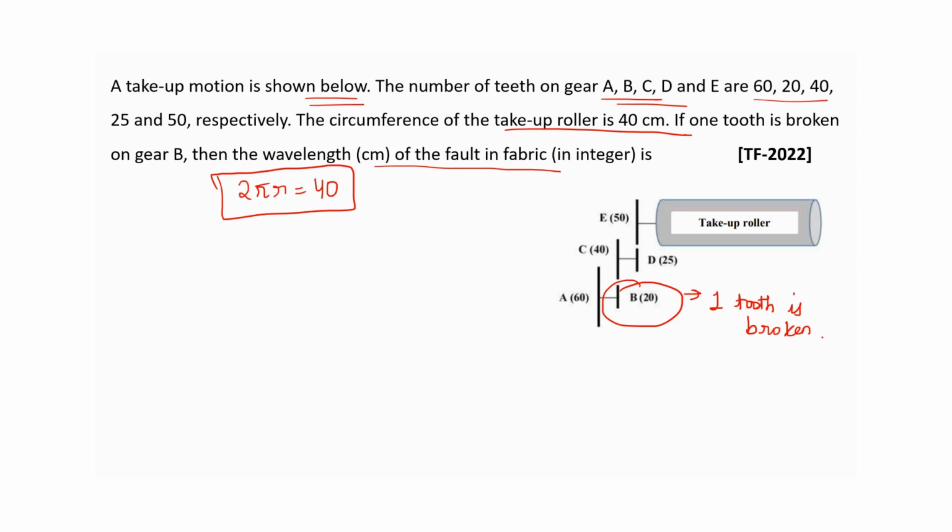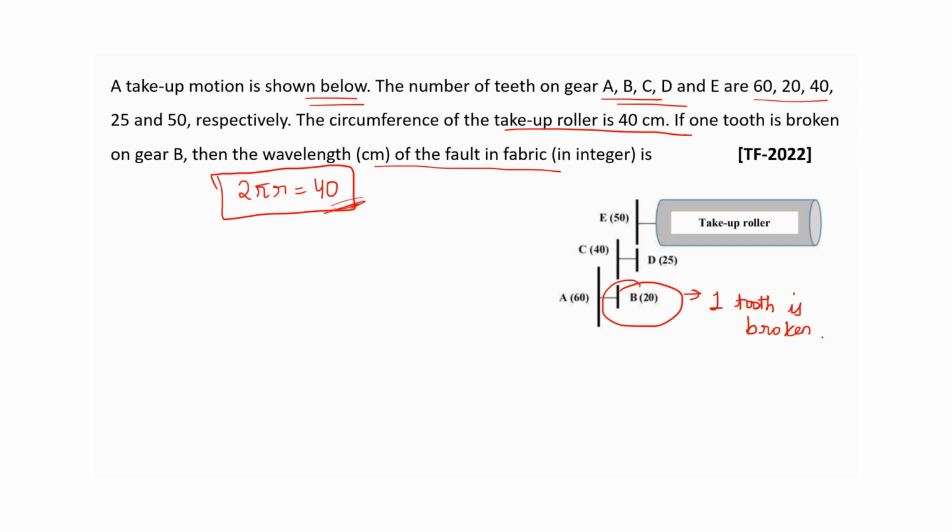And since one tooth is broken at B, C, D and E will be disturbed 4 times as it passes from one to another. The disturbance is transferred from one roller to another roller.